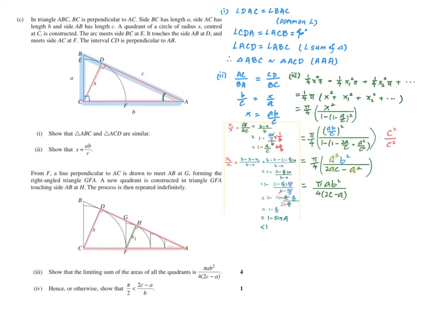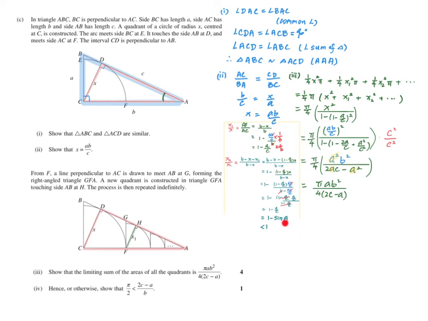Let's now study the ratio first. A over c, it is talking about a over c. This should be sine a. Therefore, 1 minus a over c should be equal to 1 minus sine a. Everybody knows that sine a should be less than 1 because a is one of the angles in a right-angled triangle.